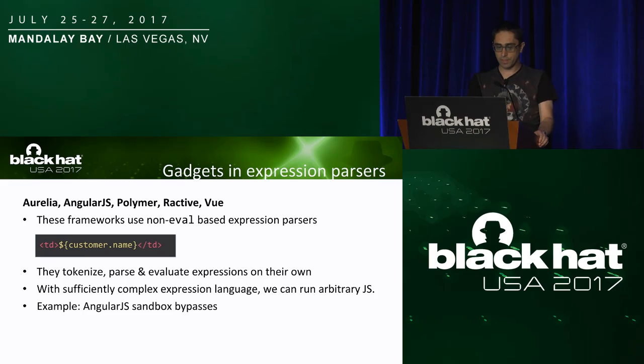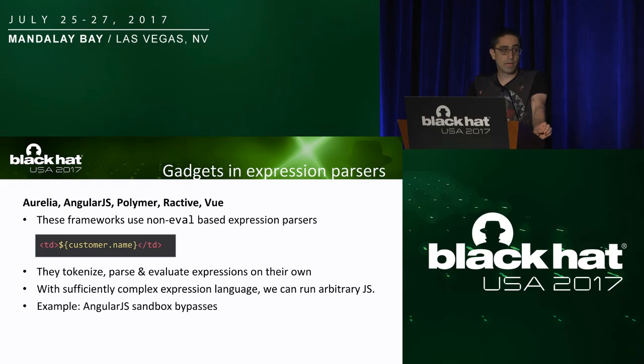And those expressions, for example, this customer.name expression, is meant for, I believe, Aurelia code. It instructs the Aurelia framework to insert a property name of some object called customer into this table cell element when rendering the website. This yellow code, the customer.name, is not JavaScript.